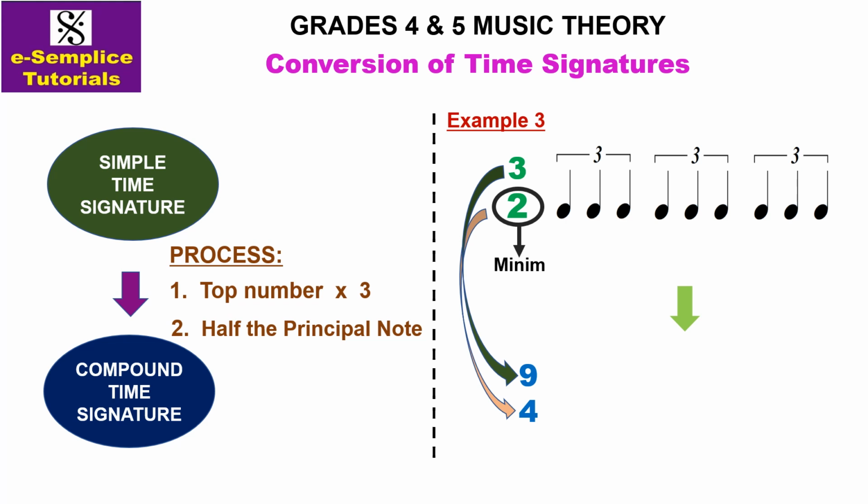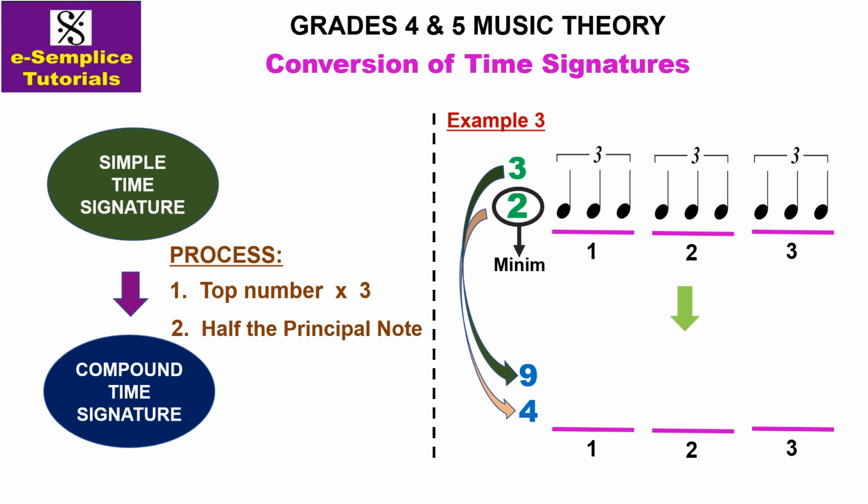3/2 is a simple triple with 3 main beats per bar. Beat 1, beat 2, beat 3. 9/4 is also a triple time signature, but this time compound with 3 main beats per bar. Beat 1, beat 2, beat 3.